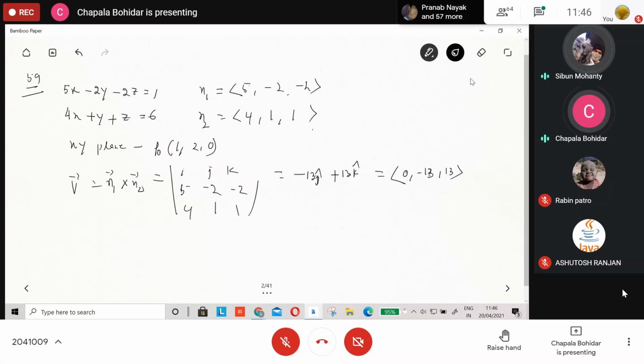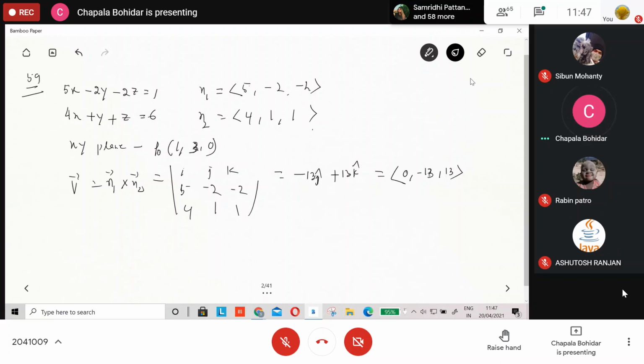Ma'am, what do you get for P0? I get 1, 3, 0. P0 is equal to 1, 3, 0. Yes, ma'am. And V is also right: 0, minus 13 and 13. Ma'am, this point does not satisfy the equation of the plane.